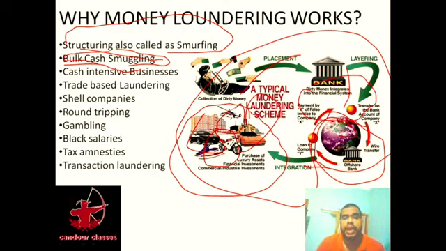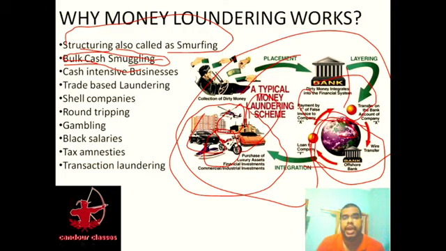Then gambling: if somebody is gambling, then that money is also black money. Then black salaries, like bitcoin: if somebody has bitcoin through an illegal source, they have to do money laundering to get it into white money terms and to utilize it. Then amnesties.